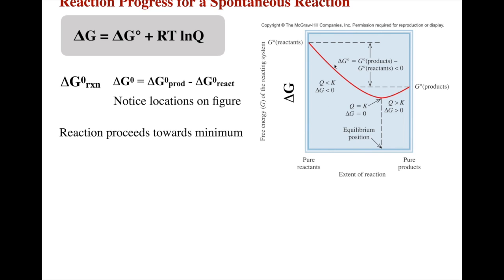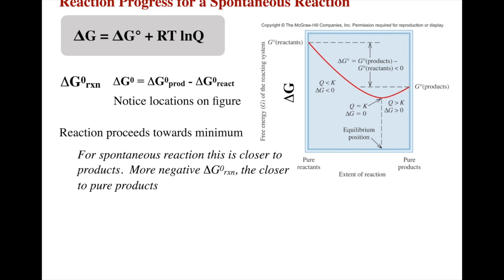The reaction becomes less and less spontaneous until we reach this minimum in the curve. At the minimum point, what can we say? Q equals K and delta G equals 0. Why? We're at equilibrium. This is the low point in this curve.